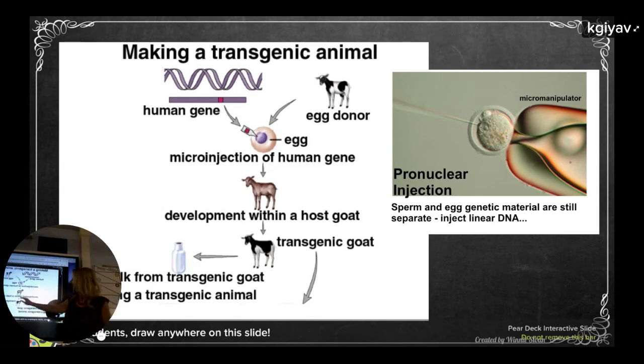But this transgenic goat, you're not going to have it have sex with another transgenic goat to get more transgenic goats. If it's very specific, you're going to have to do it by hand every single time. Take a cell from this goat, put it into an enucleated egg, put it into a host uterus again and again. Does that make sense? Okay.